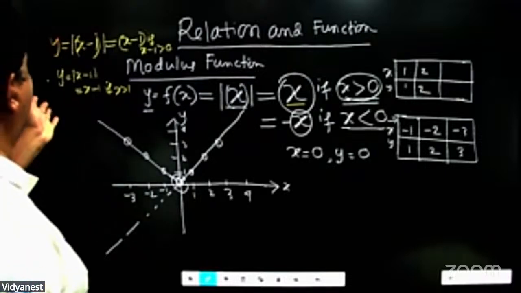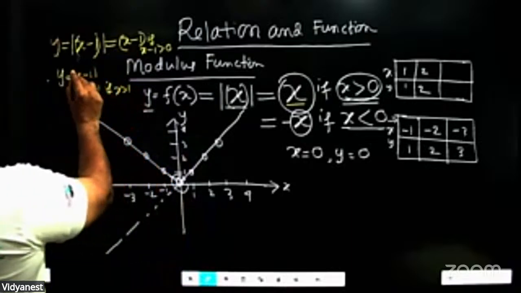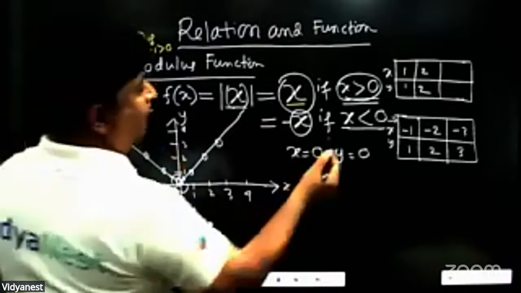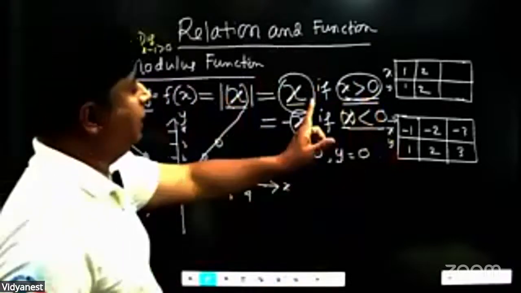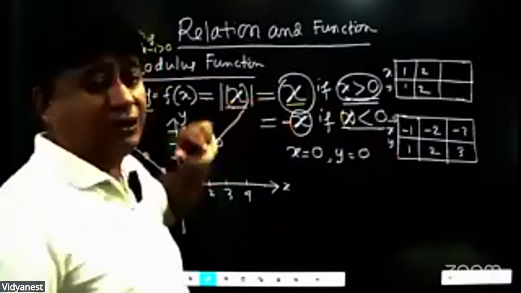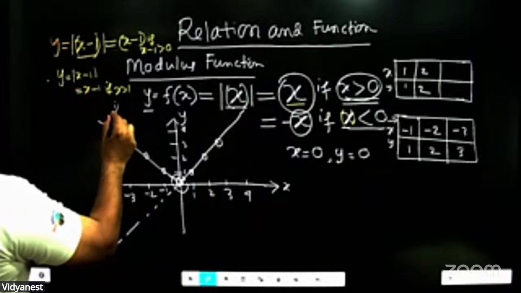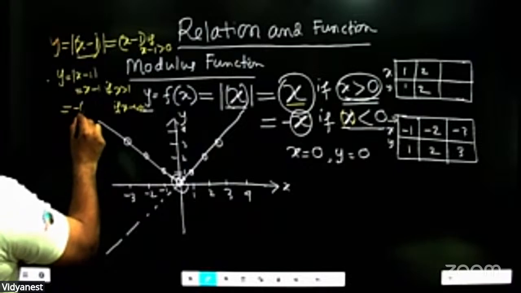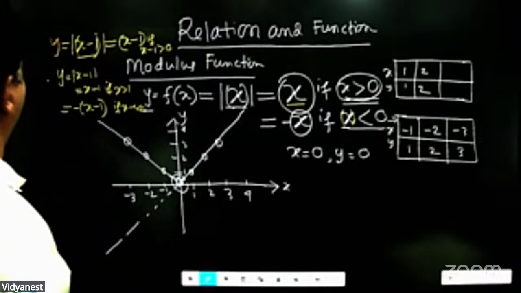Now, what happens if the variable in mod is itself less than 0? Obeying the definition of mod, we have seen x less than 0 means mod x is minus x. So here, if x minus 1 is less than 0, it will be with a minus sign: minus x minus 1.